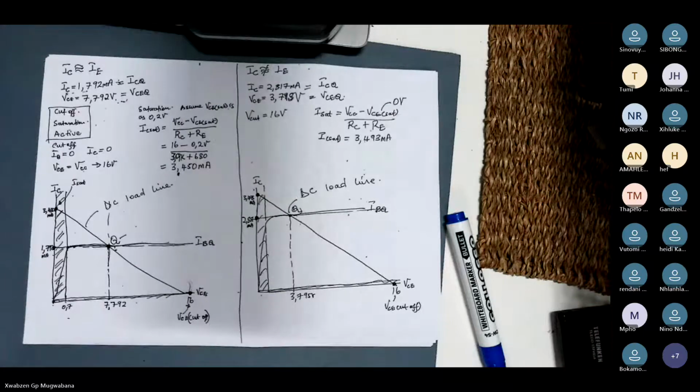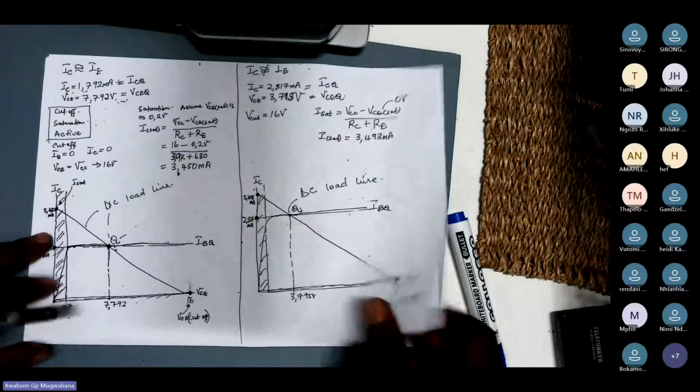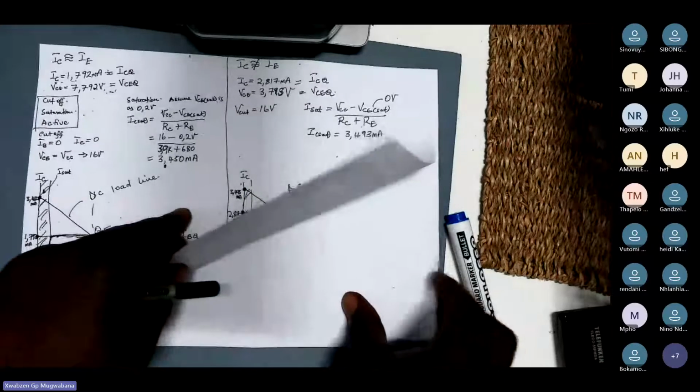Or like, we are only going to do the part IC is equivalent to IE. Don't try to spot my test because you will have a problem.